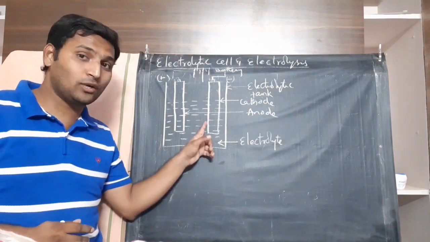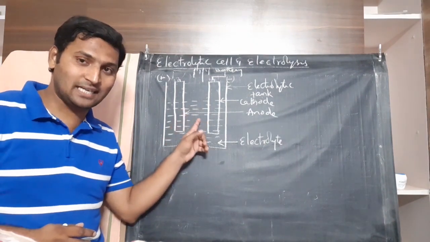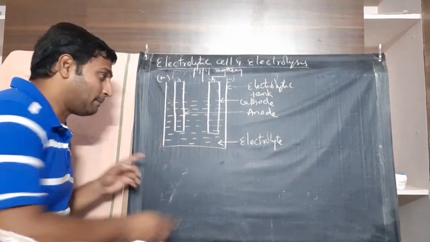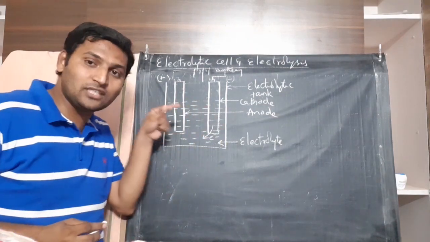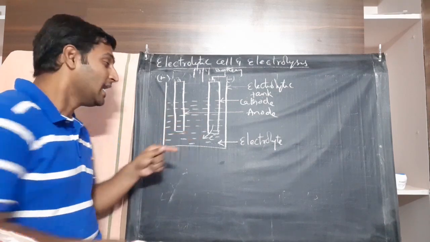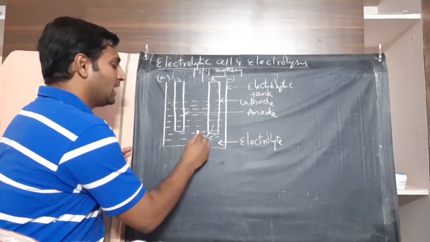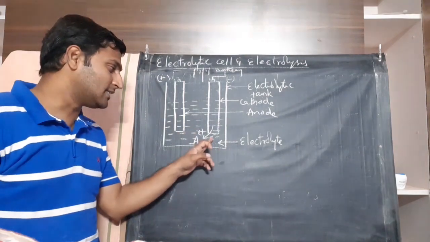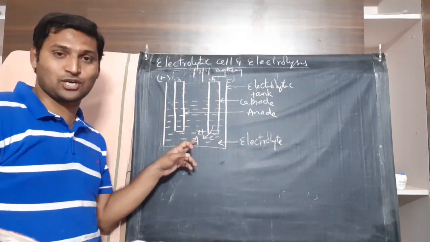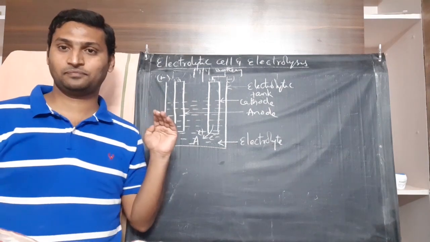Now, at the cathode, what is happening? Reduction is happening. For reduction to happen, through the cathode, electrons have to enter into the solution, so that the cations present in the solution, let me call them A^x+, can gain those electrons and become neutral.